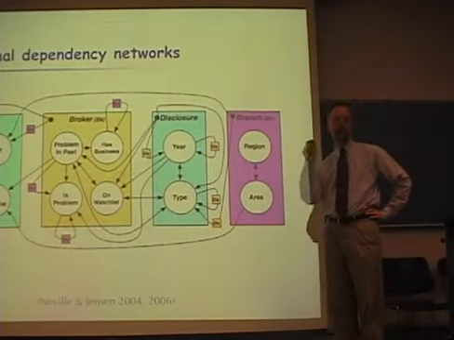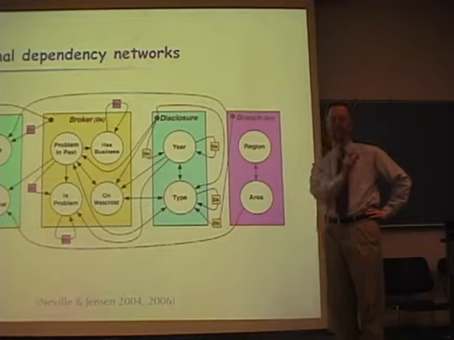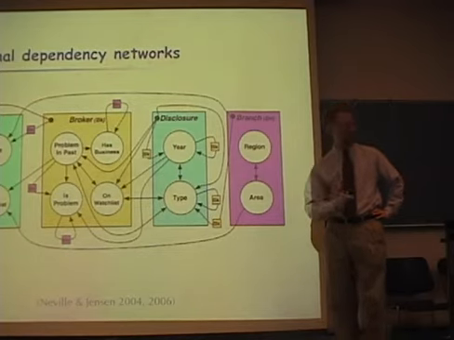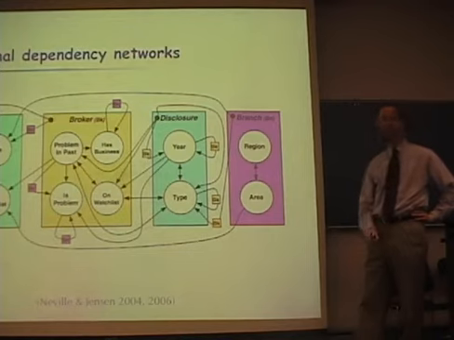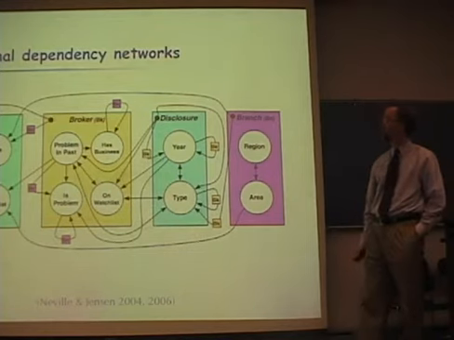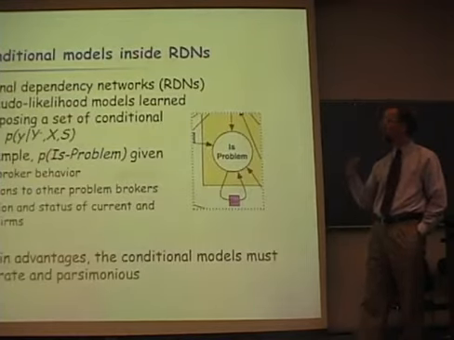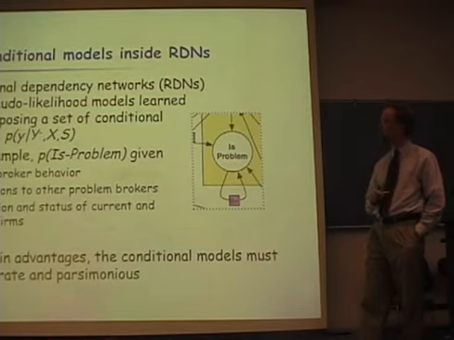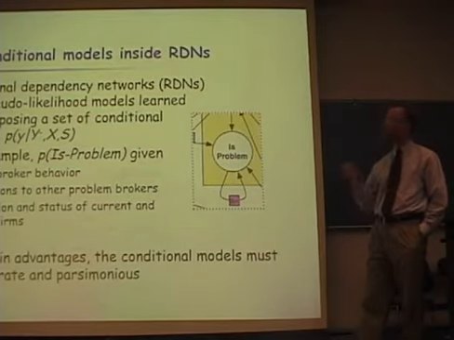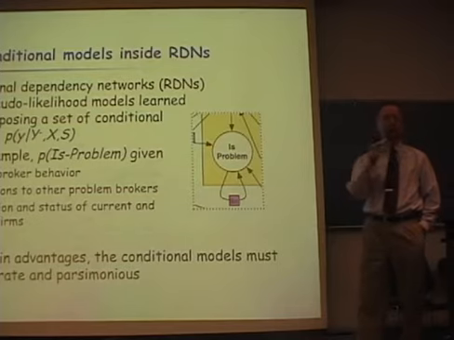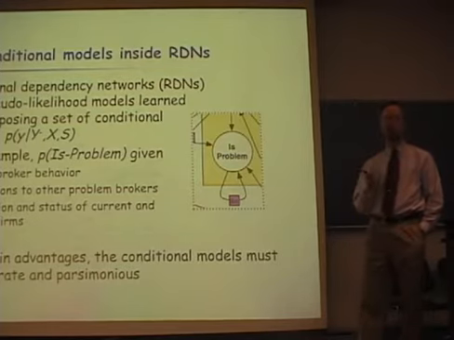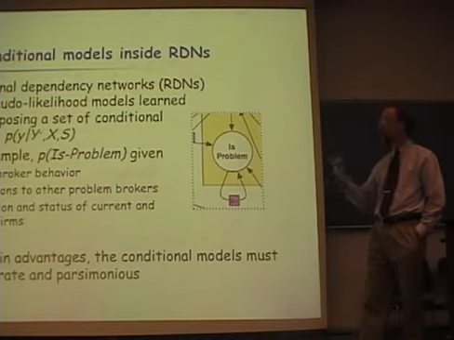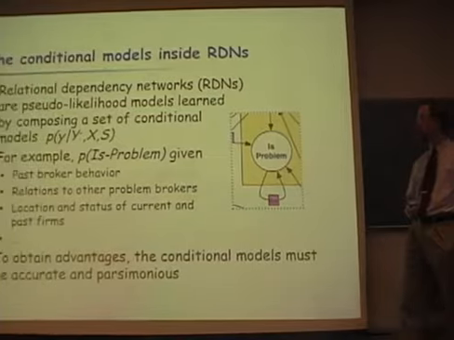And that was definitely confirmed by individual examiners who said, yeah, those are areas that have a much higher density of fraudulent firms. The way that we learn these relational dependency networks, these are pseudo-likelihood models. What you do is you learn a set of conditional models, and you assemble them into a representation of the joint distribution. And under the assumption of Gibbs sampling, these will give consistent estimates of the joint distribution.